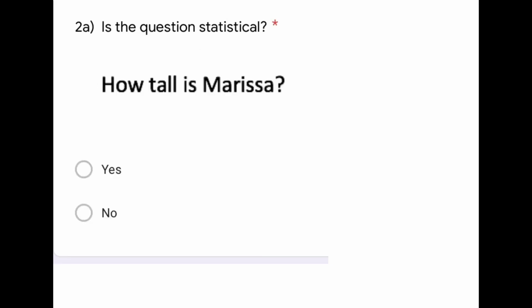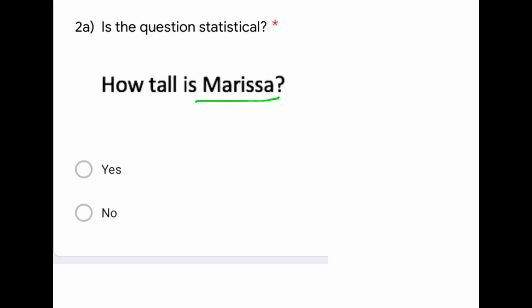Is the question statistical? You're going to mark yes or no. How tall is Marissa? We are asking one person, just Marissa. How tall is she? Remember, if it is statistical, you're going to get more than one answer.